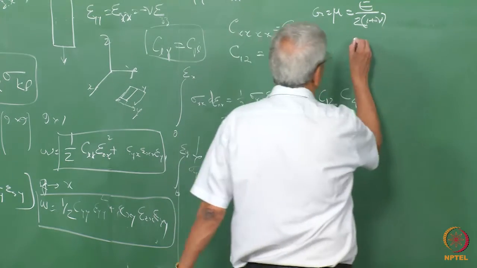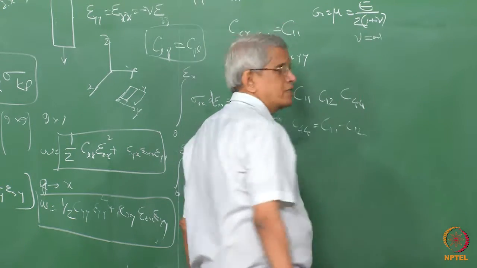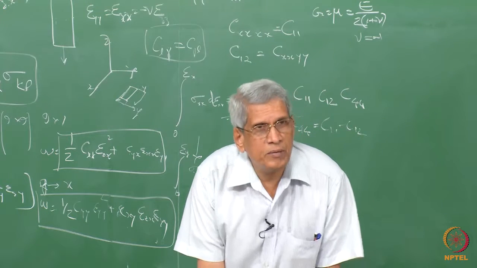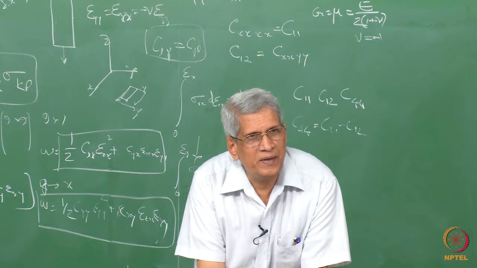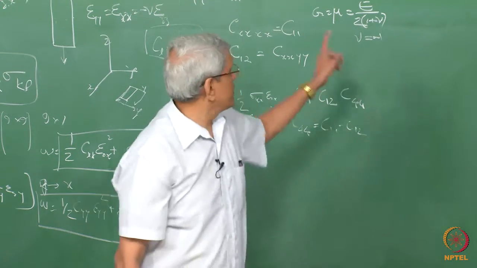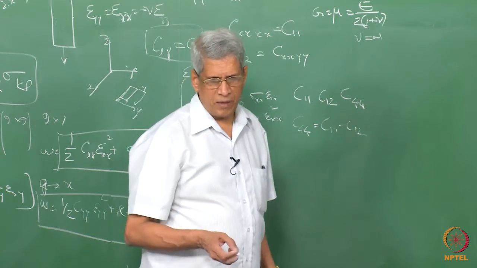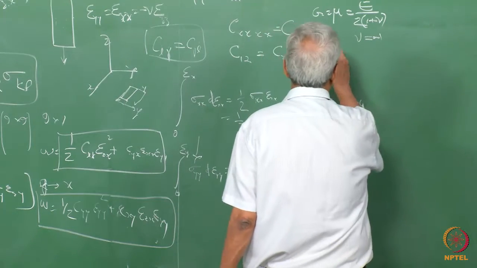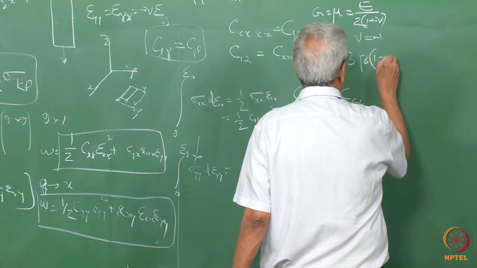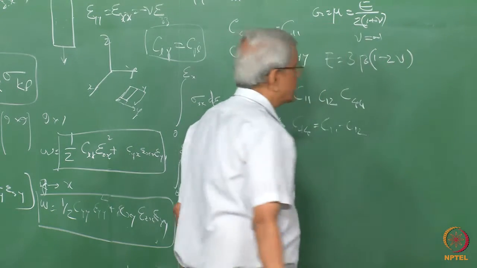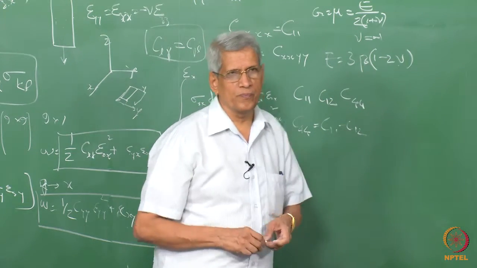Suppose this nu becomes equal to minus 1. This term will become 0, right? And the shear modulus becomes infinity. That doesn't happen. Similarly, another expression which can be derived is between E, the Young's modulus, and the bulk modulus, with the term 1 minus 2 nu.